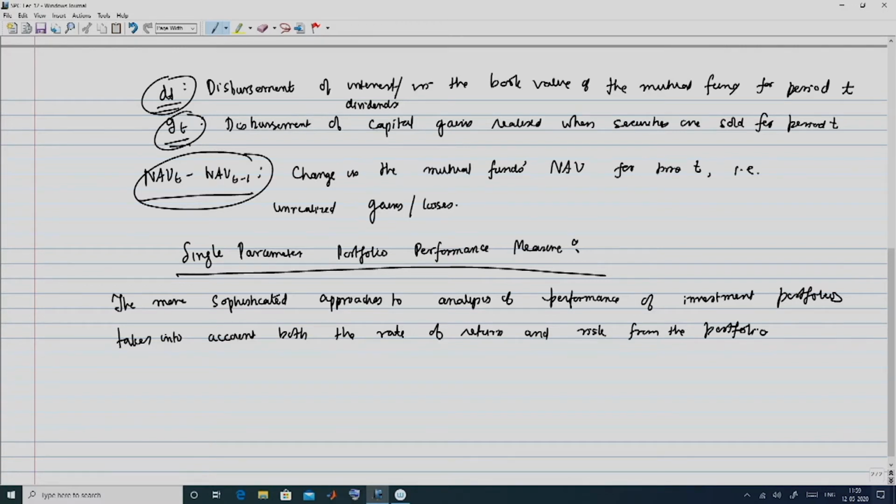So, this means that these portfolio performance measures again are presented in the paradigm of the mean variance framework, namely that you look at what is the rate of return and the risk and reconcile them to find an indicator which will give you a mechanism of choosing the performance of different funds or portfolios and make a judicious decision as far as the investment is concerned.